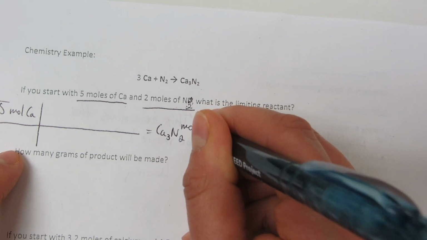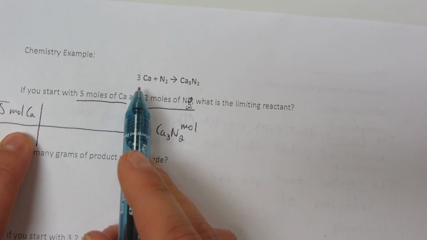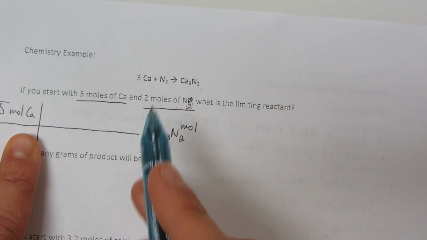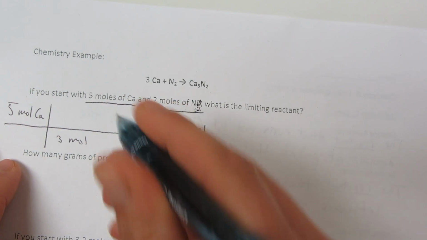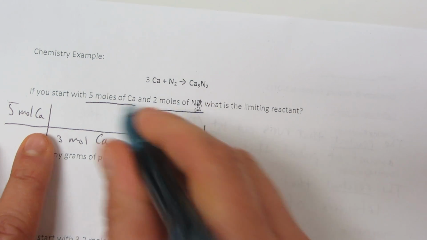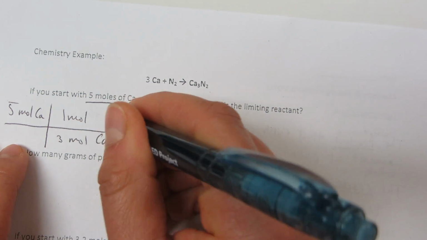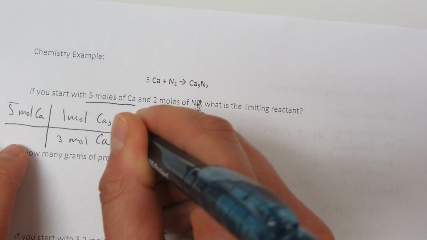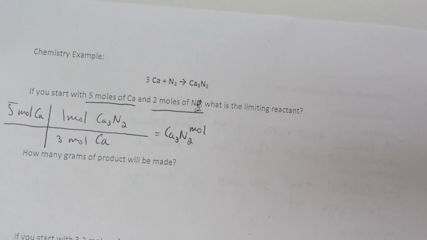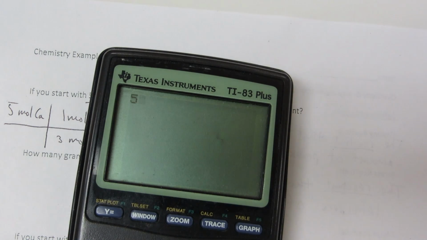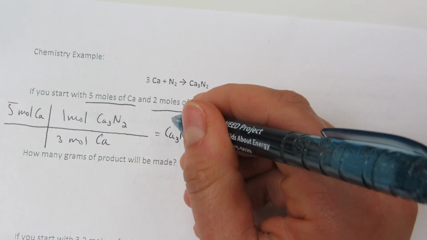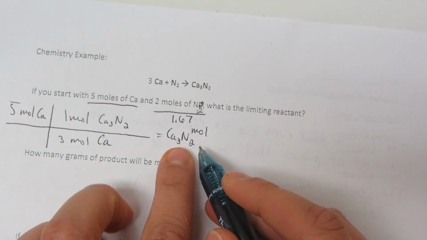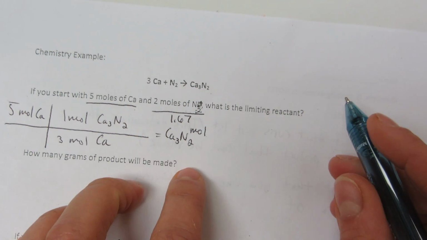In my reaction, for every 3 moles of calcium, I get 1 mole of calcium nitride. So 5 divided by 3 gets you about 1.67. You can make 1.67 moles of the calcium nitride product with the calcium.